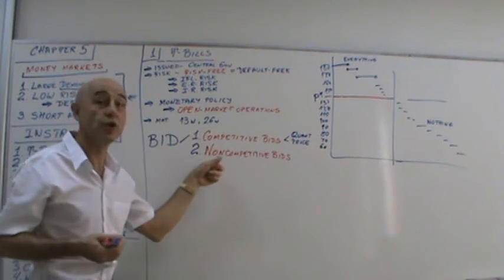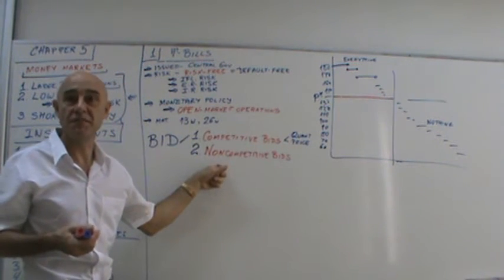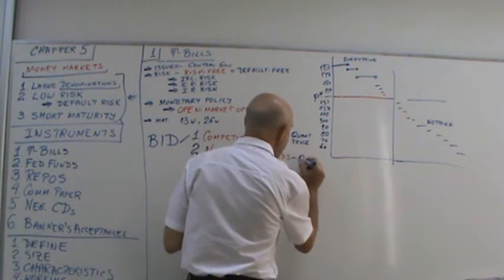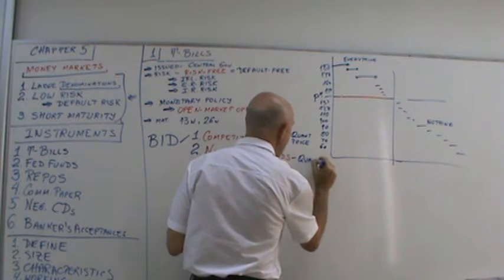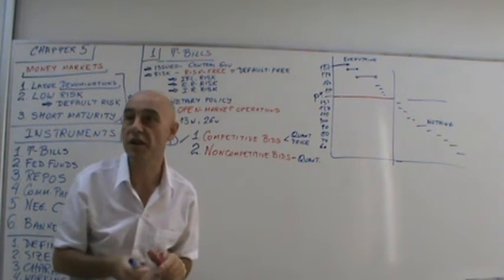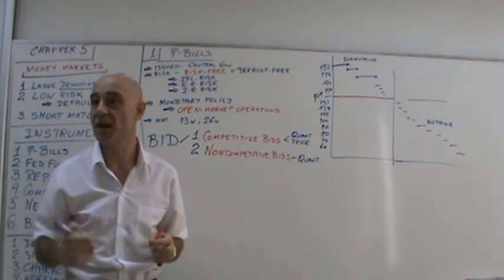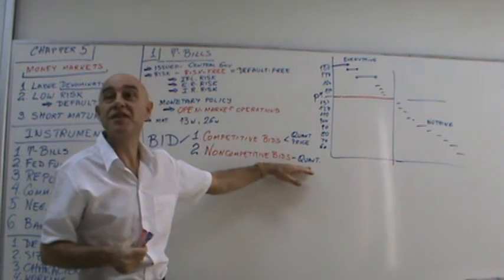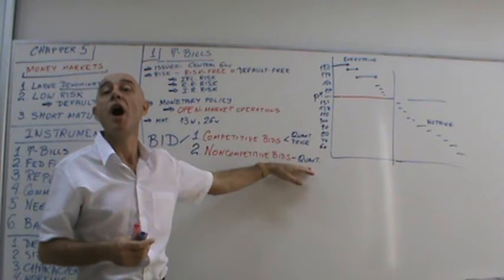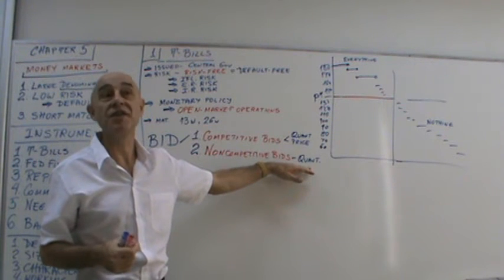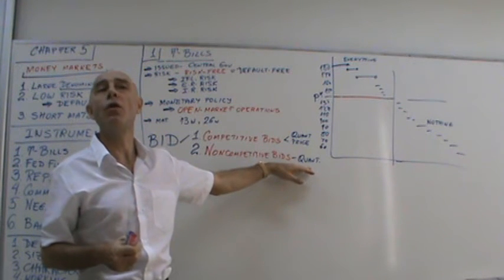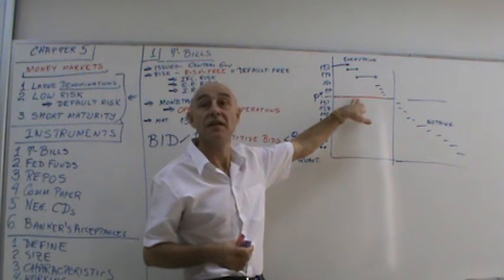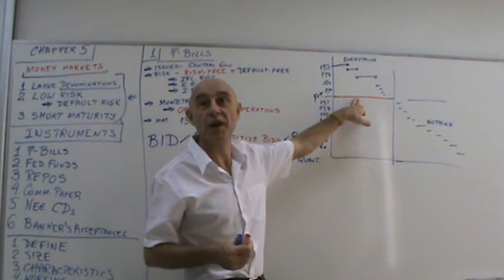Now, going back to non-competitive bid. In a non-competitive bid, you say how much you want. You say the quantity. You want 50 million, or you want 1 million. A non-competitive bid is always guaranteed to be fulfilled at the competitive price.